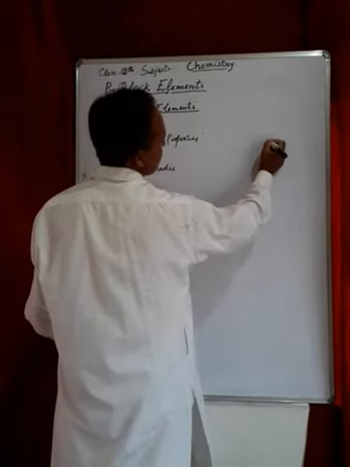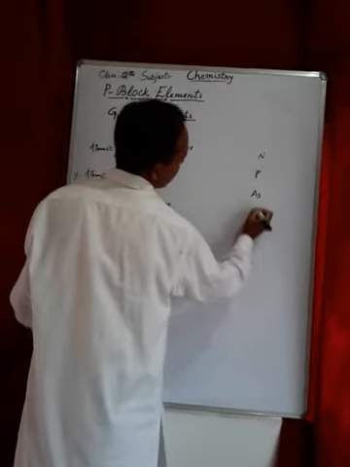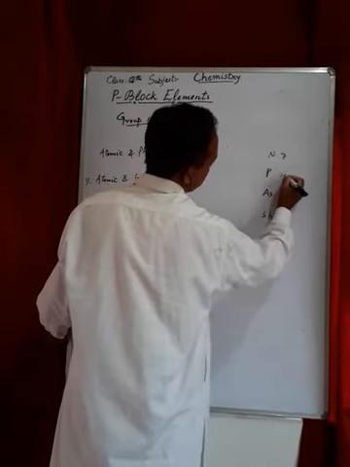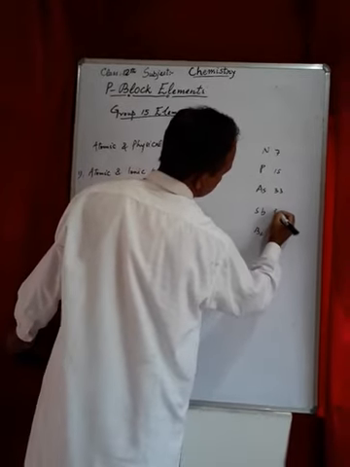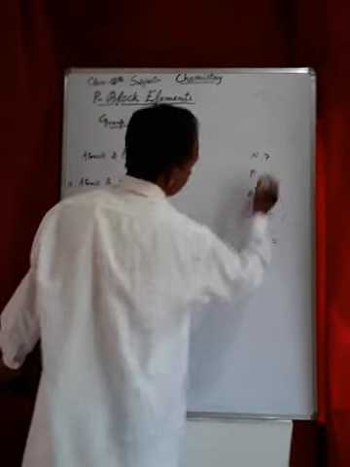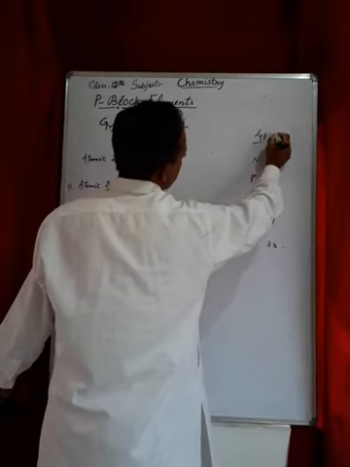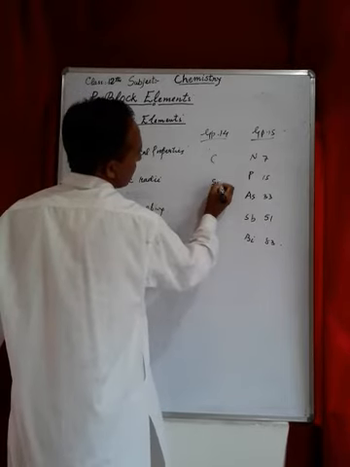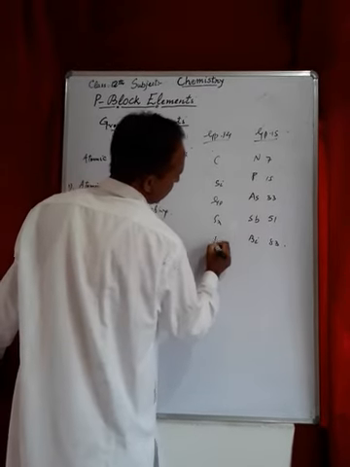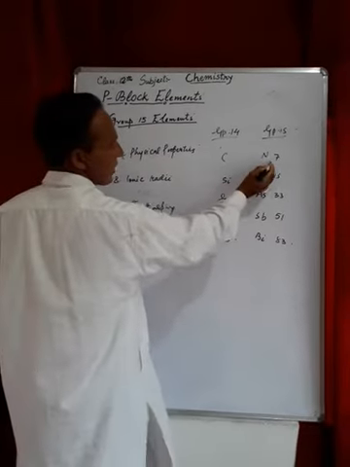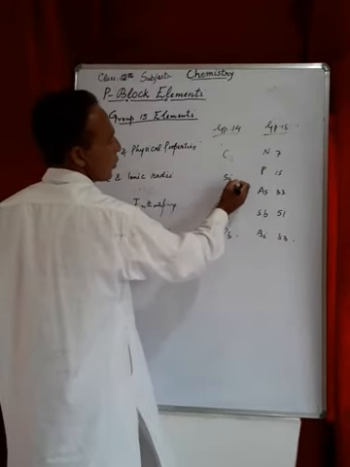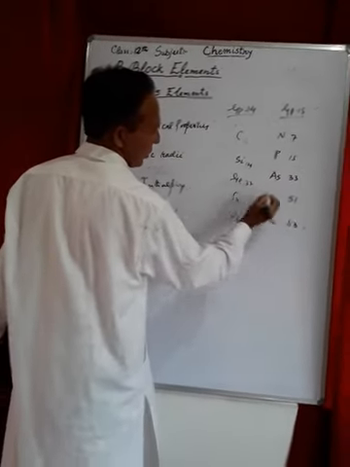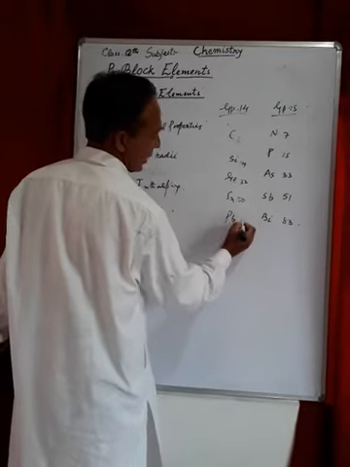We will write again the elements nitrogen, phosphorus, arsenic, antimony, bismuth. This is 7, 15, 33, 51, 83. This is group 15. If we write group 14: carbon, silicon, germanium, tin, lead. Their atomic numbers are 6, 14, 32, 50, 82.